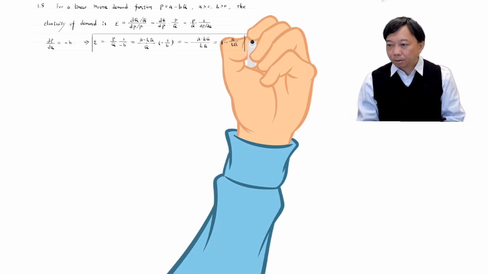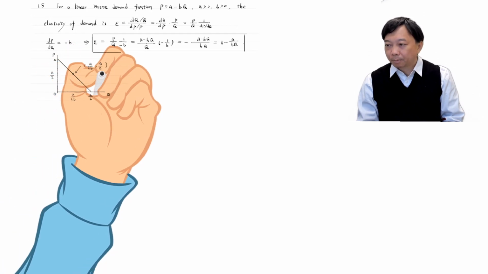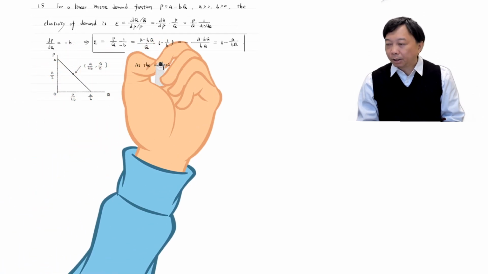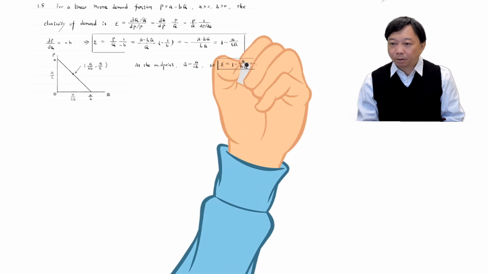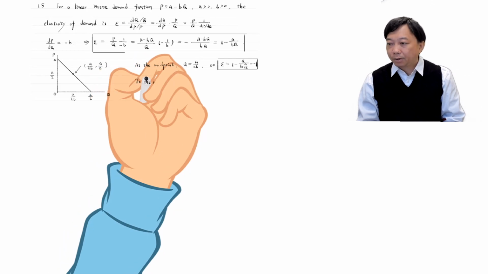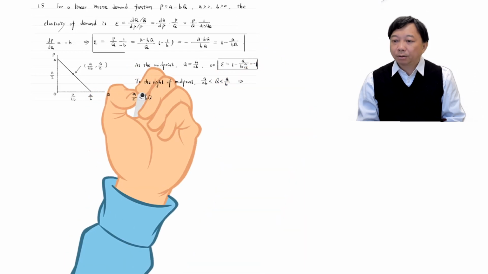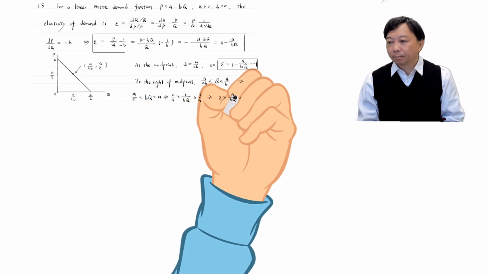At the midpoint, quantity is A over 2 times B. Finally, we can obtain the elasticity of demand at the midpoint, which is minus 1. To the right of the midpoint, the elasticity of demand is between minus 1 and 0.